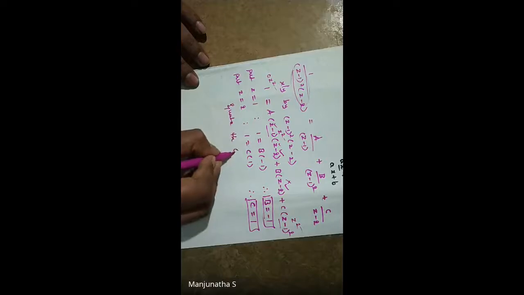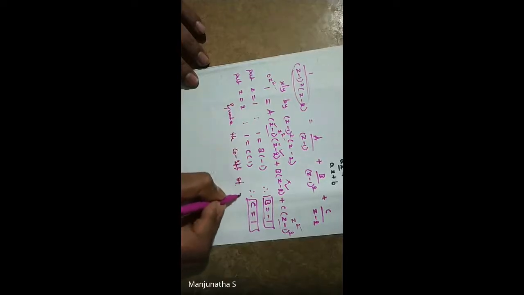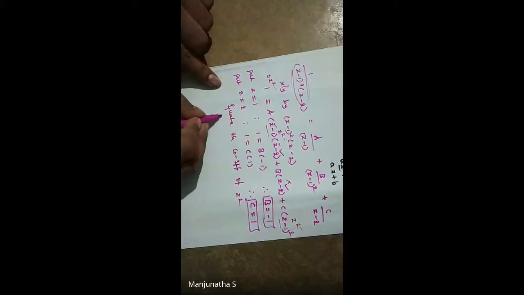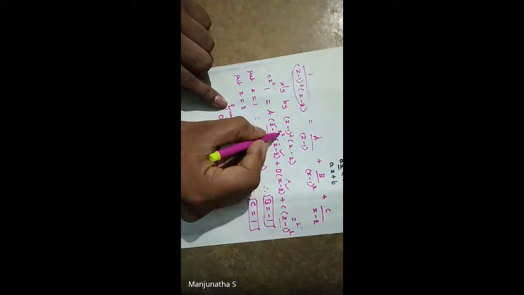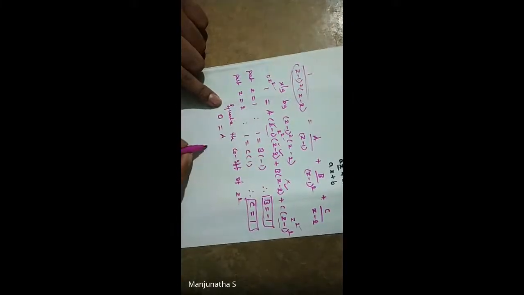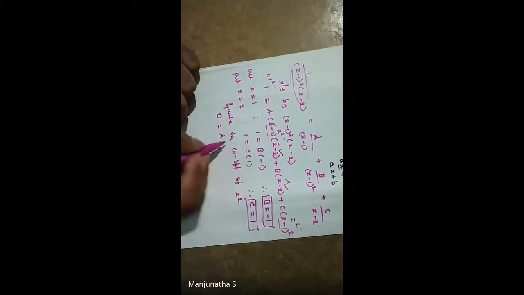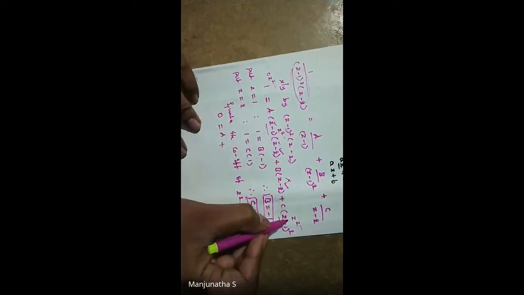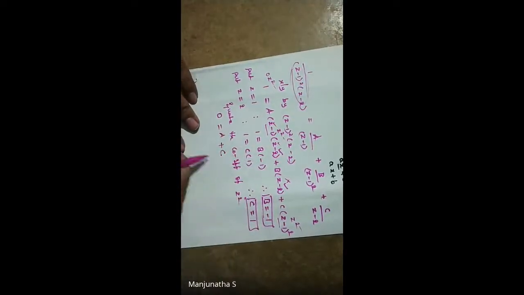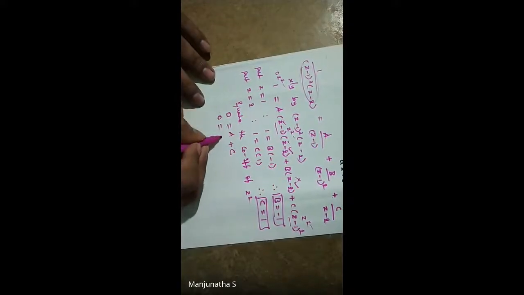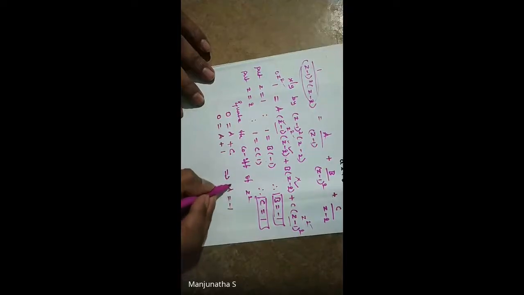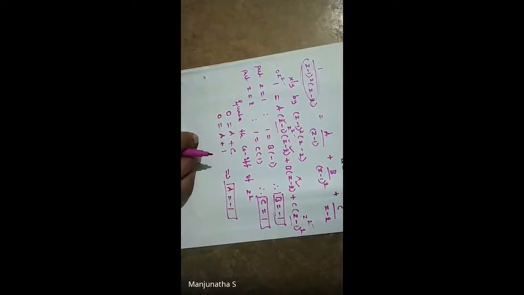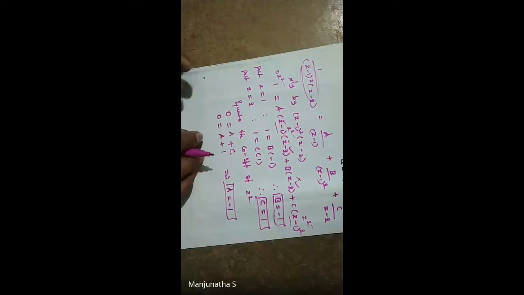So when you equate the coefficient of z square, what you will get? 0, correct? Only for z square coefficient we are taking. So here also z square. So what is the coefficient for z square? A. And then here we have z minus 1 whole square. So z square will be there. So coefficient is c. And we know the value a plus c is 1. So this implies a is equal to minus 1.